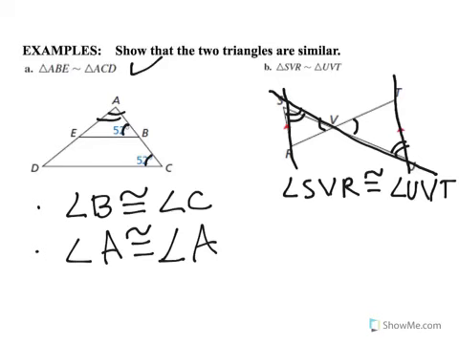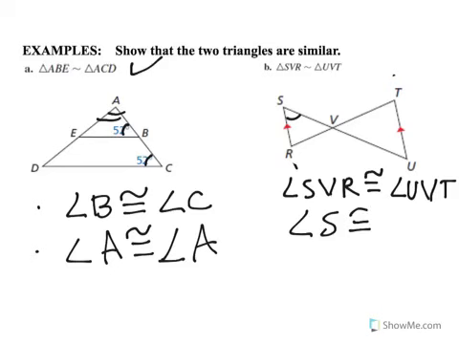So let me erase some of that so that you can see that better. Then we can say that angle S is congruent to angle U because we had alternate interior angles. So we can put those together, and we also have these together right there. So we have two angles in these triangles congruent, so it would mean that they are similar.